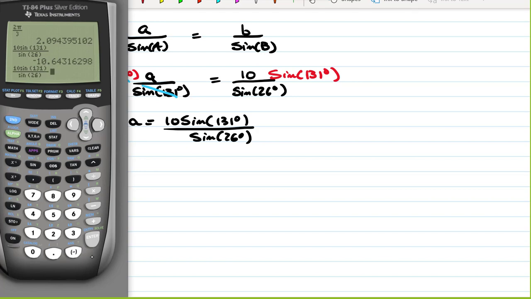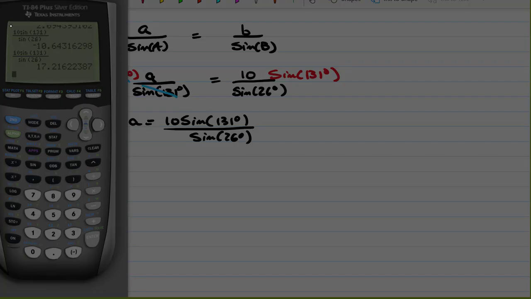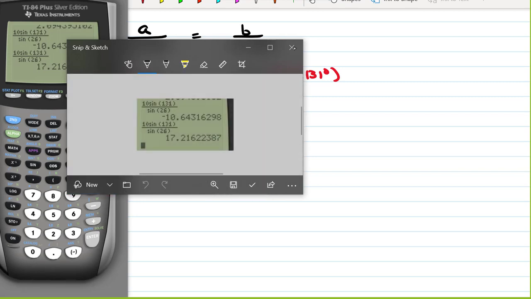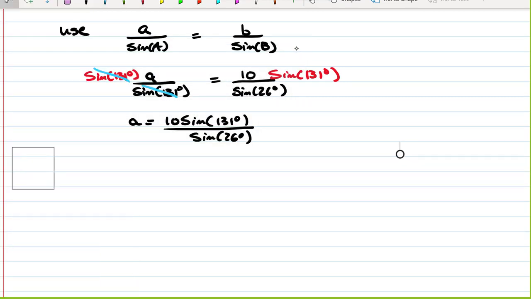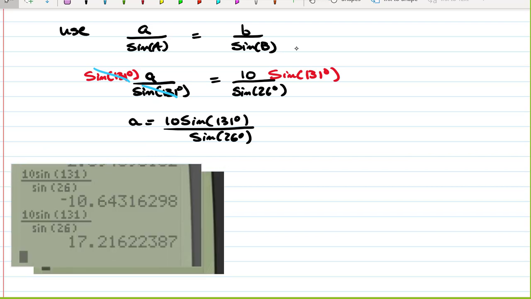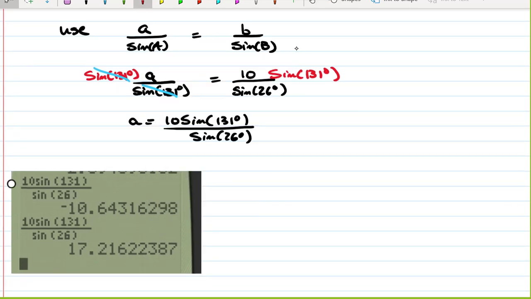After doing so, if you press second enter, it'll pull up what was on the previous line. Press enter, and this time we get the correct solution, which is 17.2 centimeters.